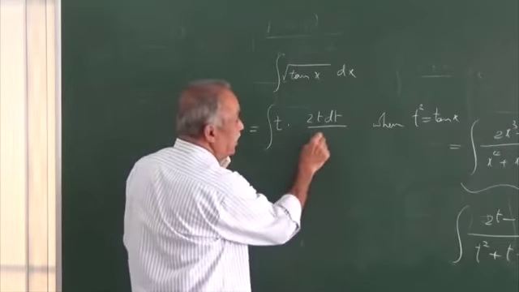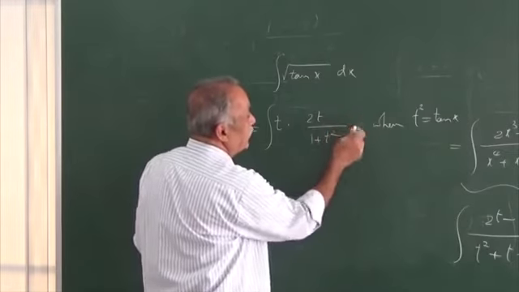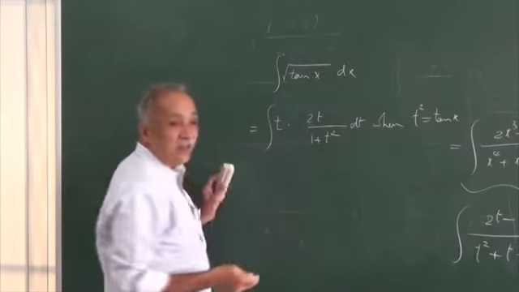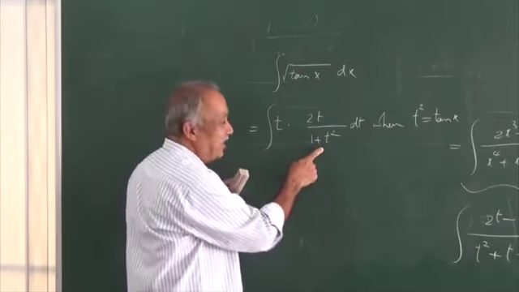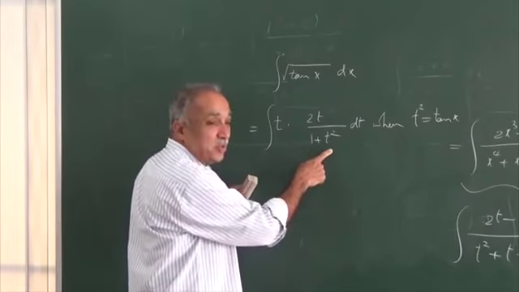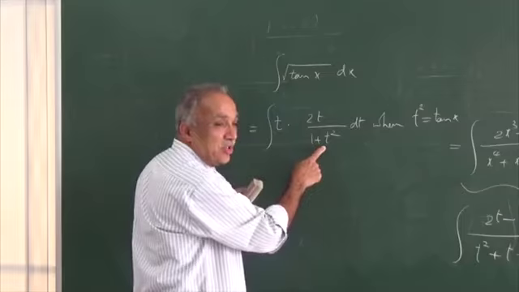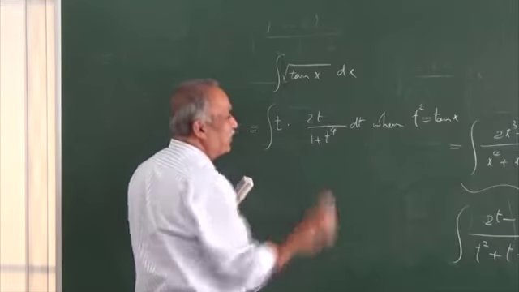Secant square x is 1 plus t square. Am I right? No, I am wrong. Secant square x is 1 plus tan square x, that is okay, but tan square x is not t square, it is t to the power 4.